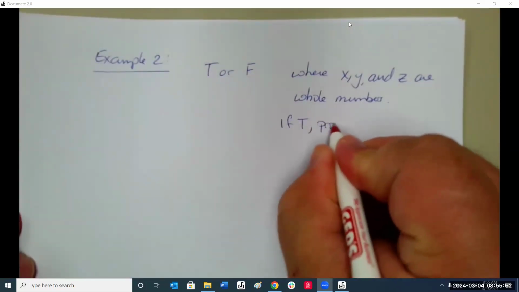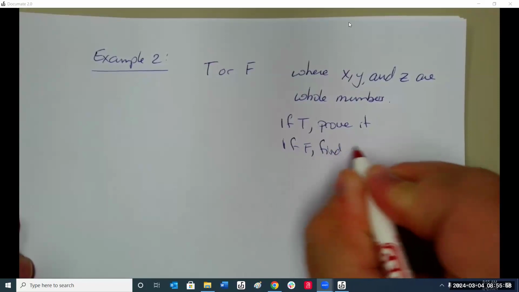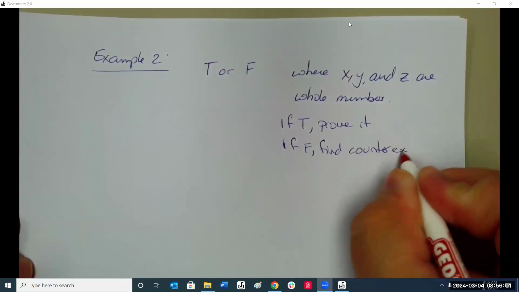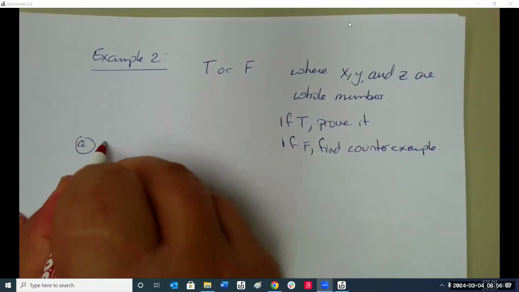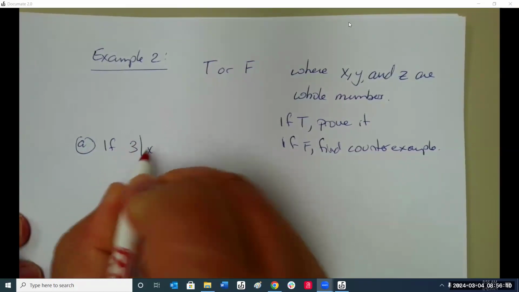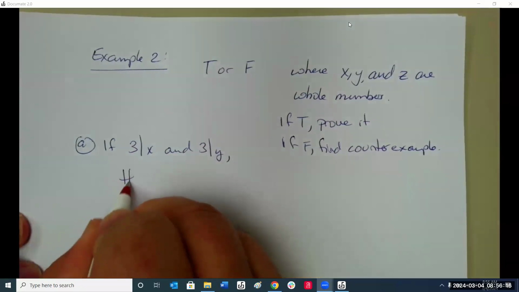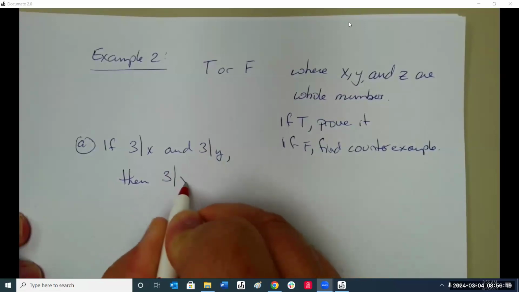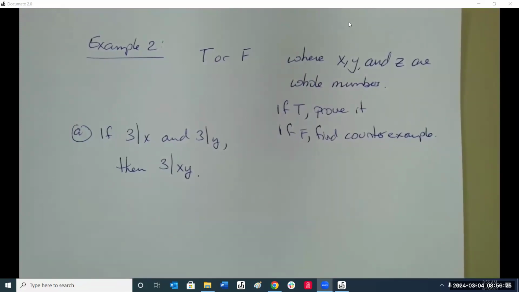A. If 3 divides X and 3 divides Y, then 3 divides X times Y. True or false?